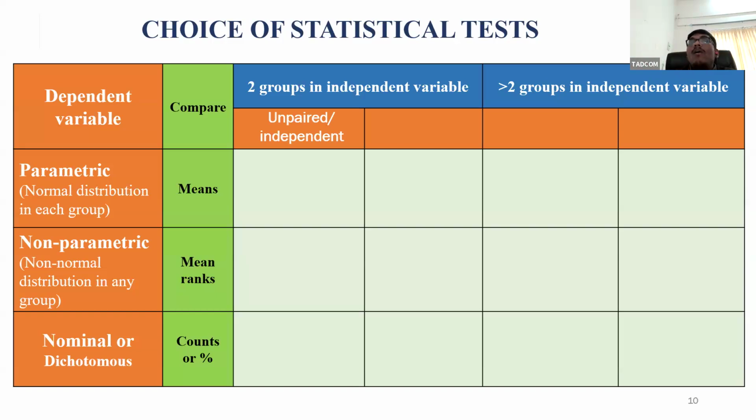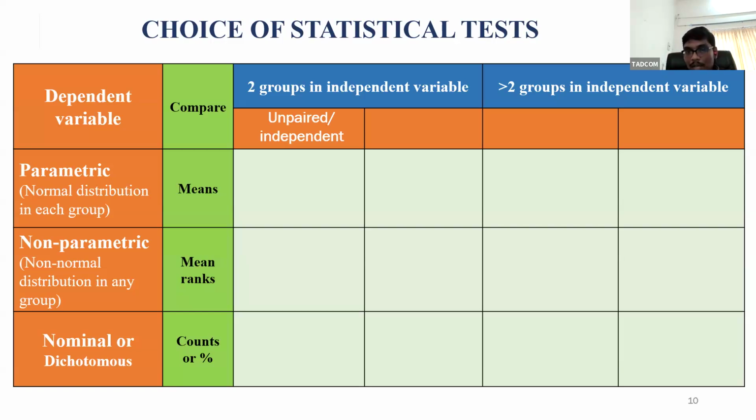So first box, let us see. If our dependent variable is continuous and it follows normal distribution, we have only two groups in our independent variable, and it is unpaired, what is the statistical test that we tend to use here?